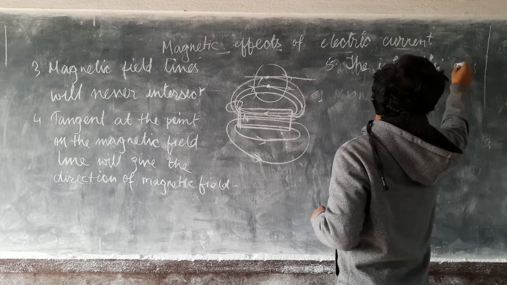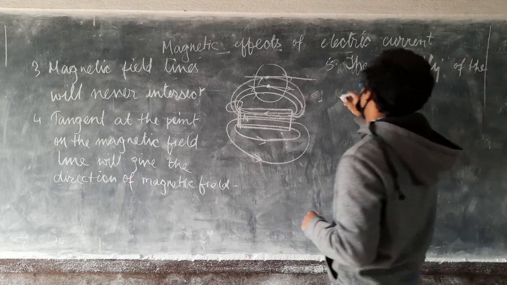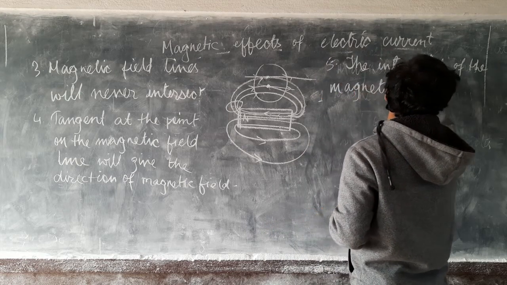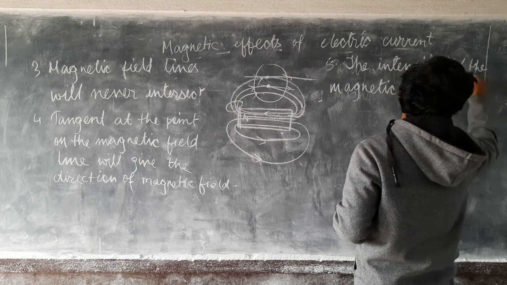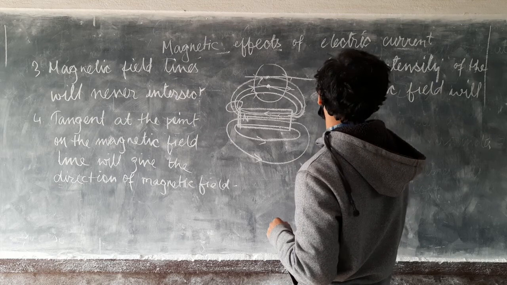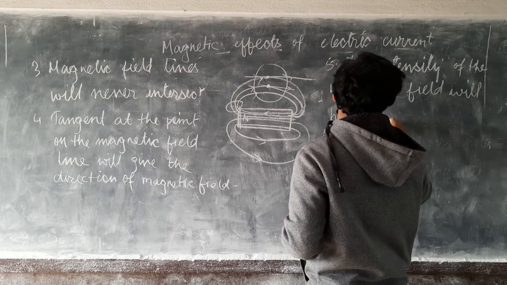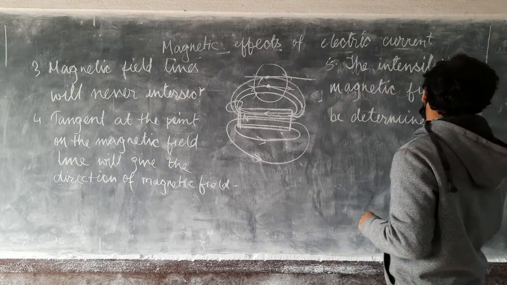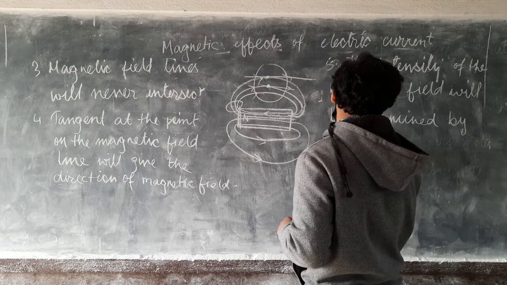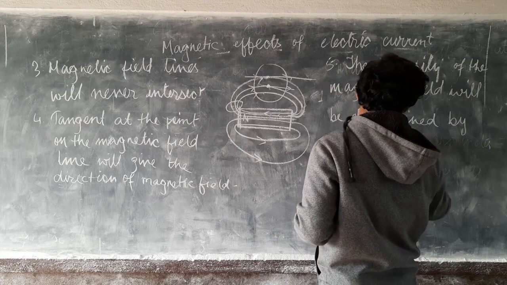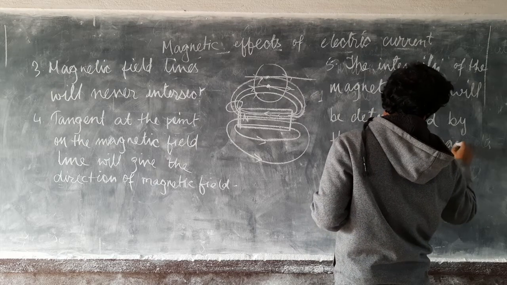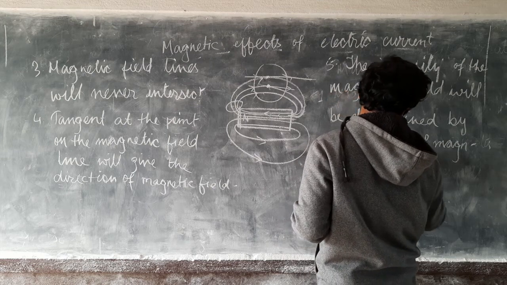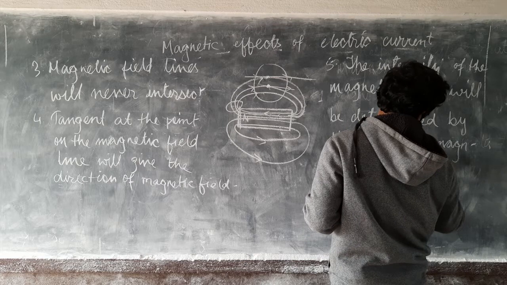The intensity of the magnetic field will be determined by the number of magnetic field lines passing through that region.